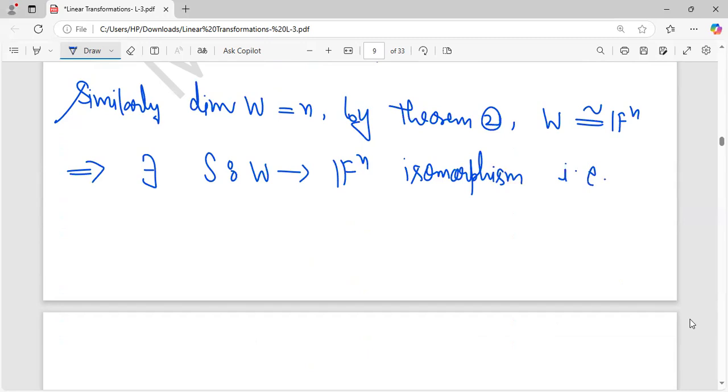It means S inverse from Fn to W is an isomorphism.